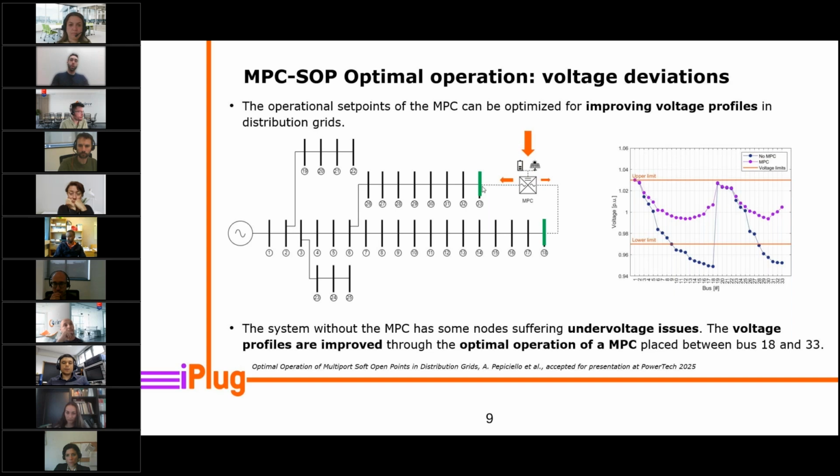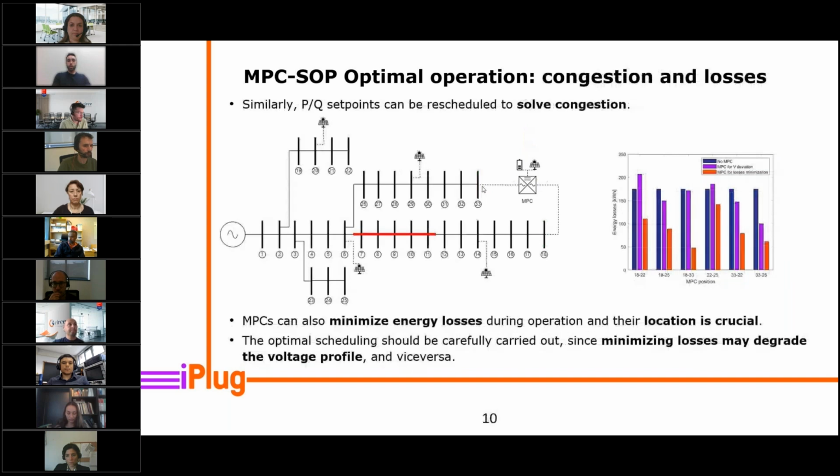Through this soft open point, we can schedule optimally the active and reactive power flows towards these feeders and solve the voltage problems that we observed in the initial system. On the right, you can see the voltage profiles for the different cases. When we have the multiport converter, we have a better voltage profile.